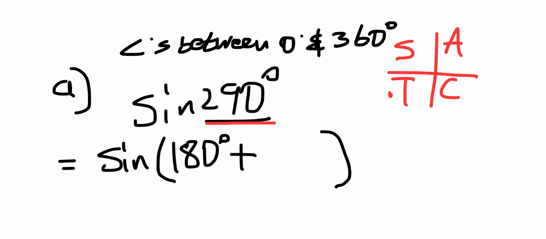Wait, why is it like I'm lying to myself? I'm definitely lying to myself because 290 degrees does not fall in the third quadrant, but it falls in the fourth quadrant. For that reason, I can't use the reduction formula of 180 plus, but I need to use the one which is 360 degrees minus an angle.